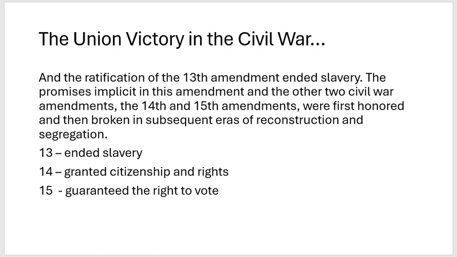Just because the South lost the Civil War and Congress passed these amendments doesn't mean that individuals within the South, their attitudes and their beliefs and their dispositions, have changed. It took time for that to happen. Many would argue that it is still taking time.